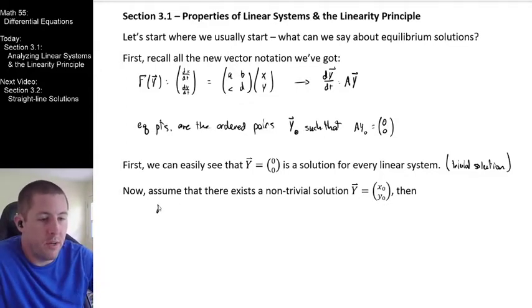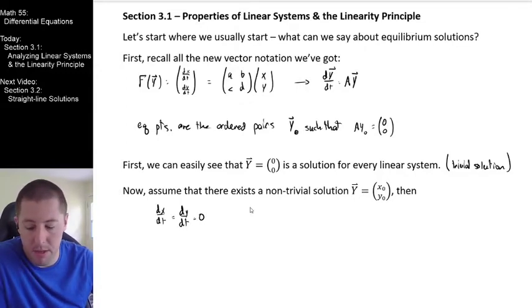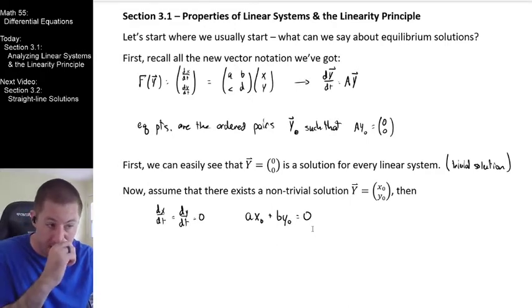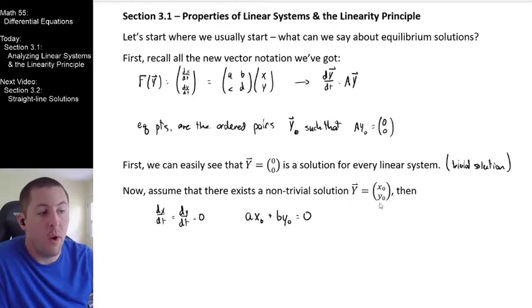What we need to do is let dx/dt and dy/dt both be equal to 0 to find where this equilibrium occurs. I'm going to take my dx/dt equals 0 equation first, and this says a x0 plus b y0 should be equal to 0. That's dx/dt equals 0 if our point is x0, y0.